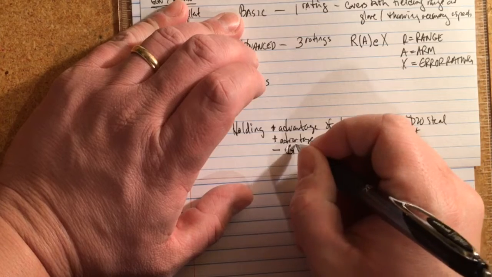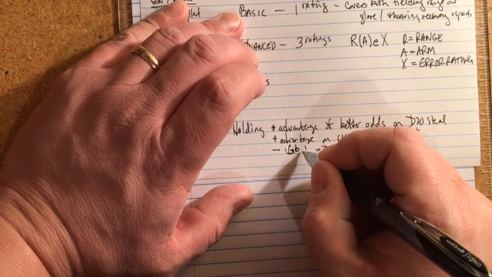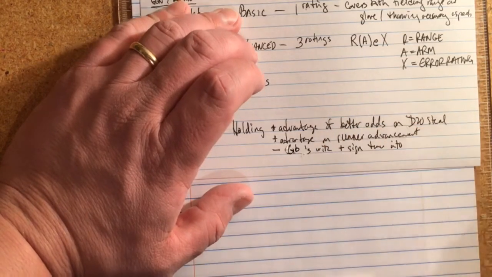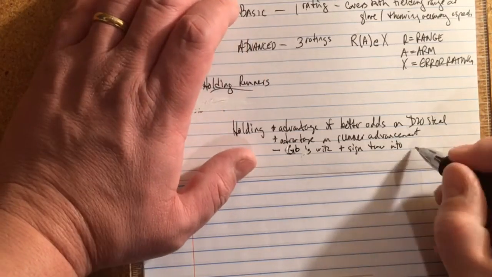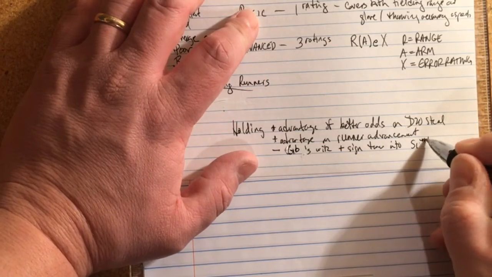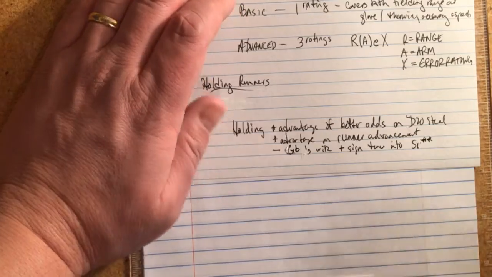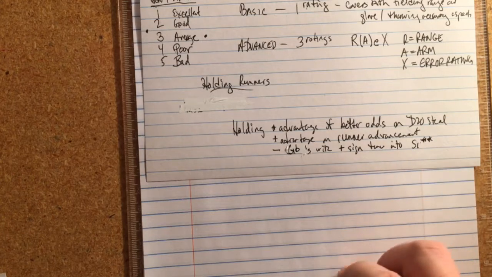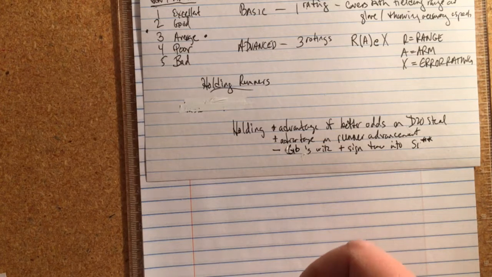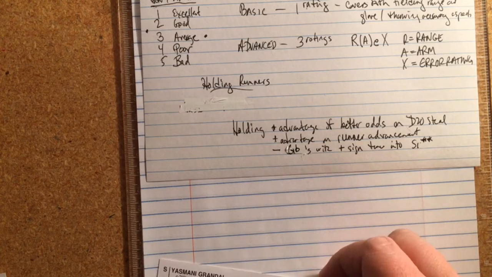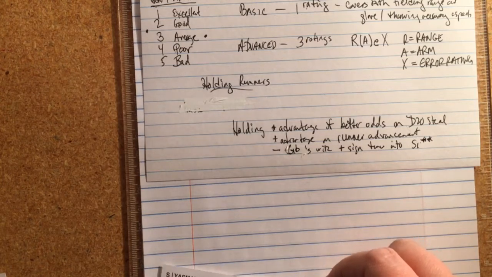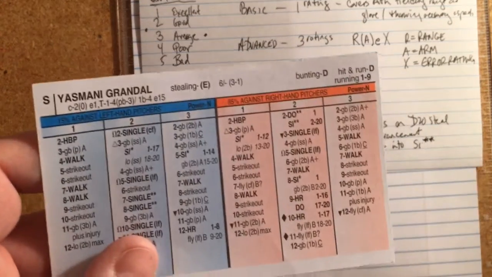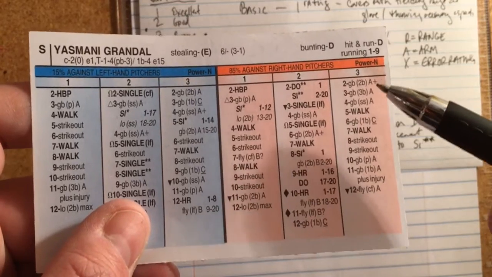Ground balls with a plus sign turn into single 2 stars. This is going to happen off the pitcher's card. Actually, I'm wrong about that. It's going to happen off the hitter's card. Sorry.